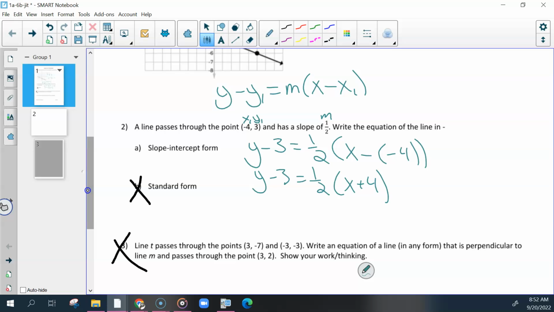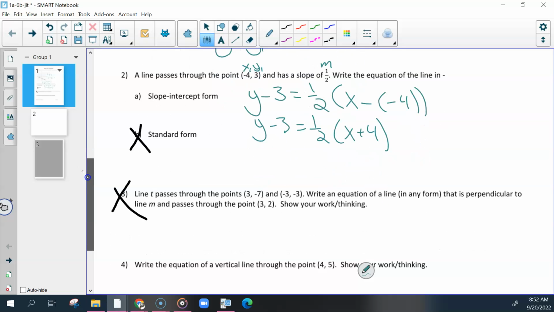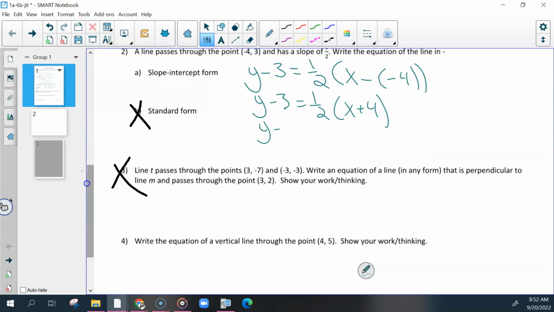Distribute and then get y by itself. So distribute, and then to get y by itself, we would add 3 to both sides. So our equation would be y equals 1/2 x plus 5.